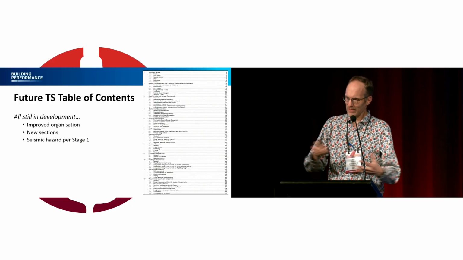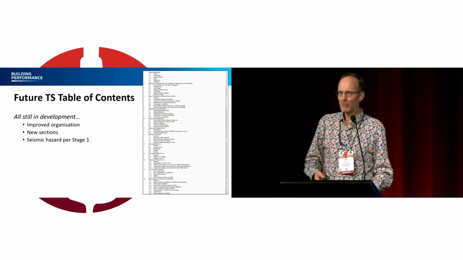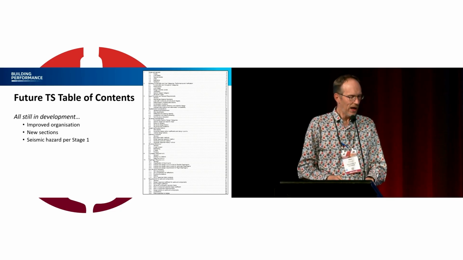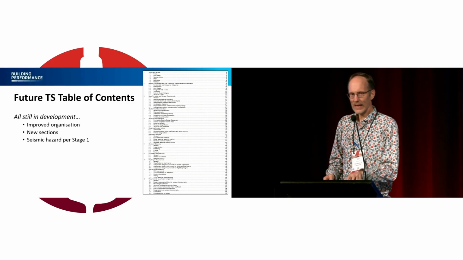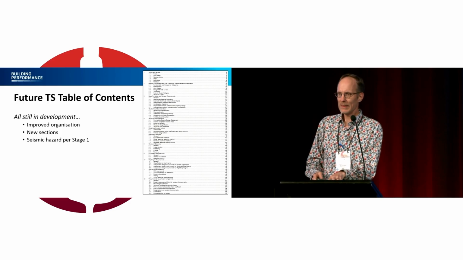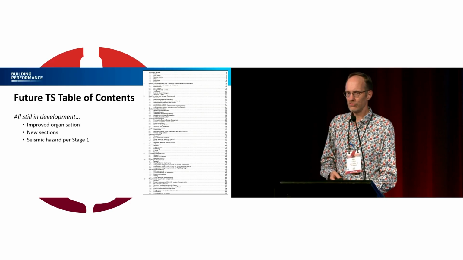It's grown a bit, as codes tend to do, unfortunately. But the one thing that's essentially staying the same is the seismic hazard. That was the focus of our Stage 1. The seismic hazard is essentially remaining the same. But how we use that seismic hazard within design, that is changing.